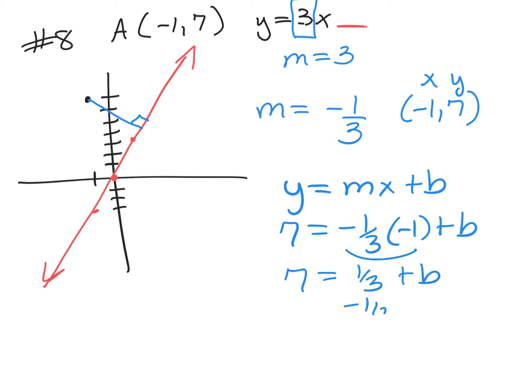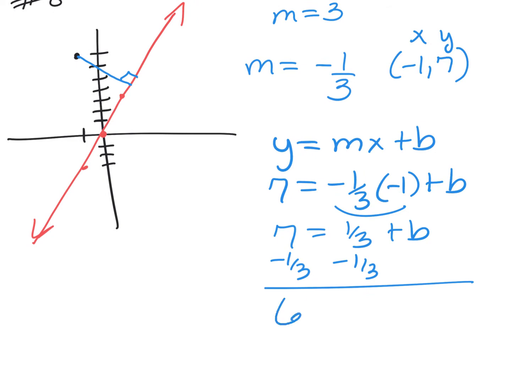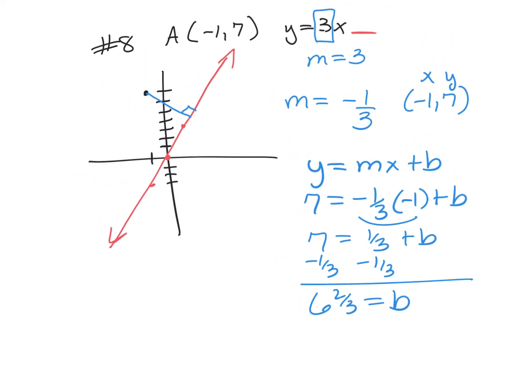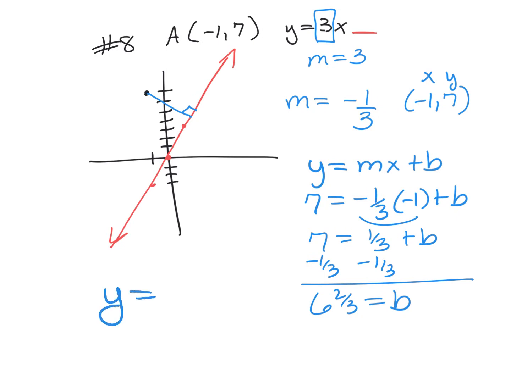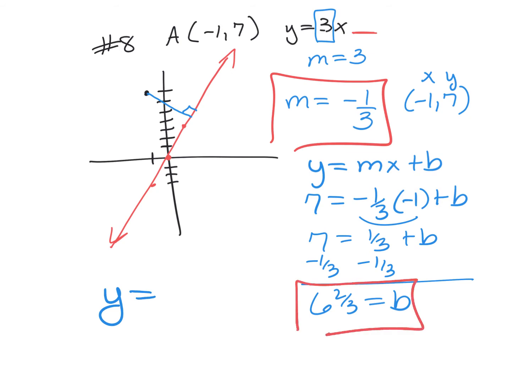Then I have to move the 1/3, and I get 6 2/3 is equal to b. So the equation of the line is going to be y equals, I'm now going to plug back in the slope and the b into this equation. So all I'm going to put in is the slope and the y-intercept.